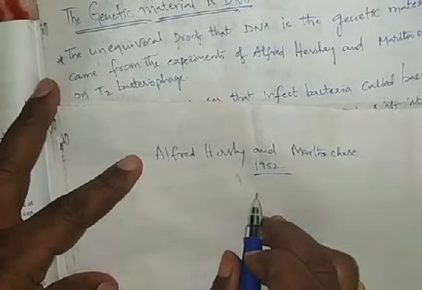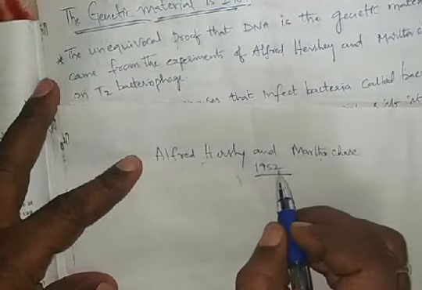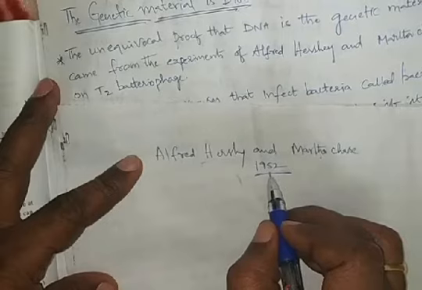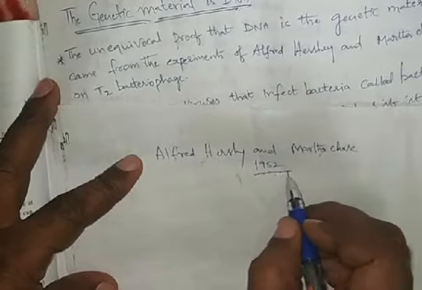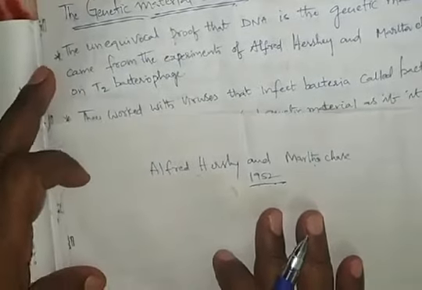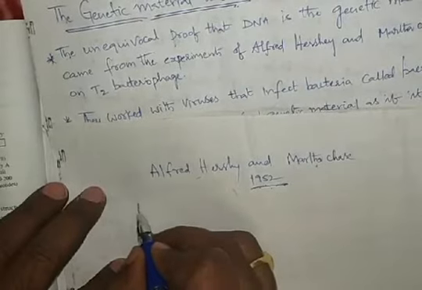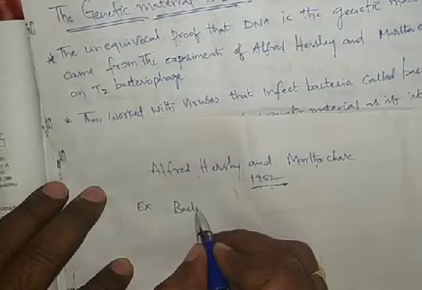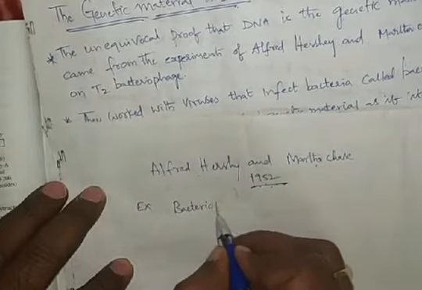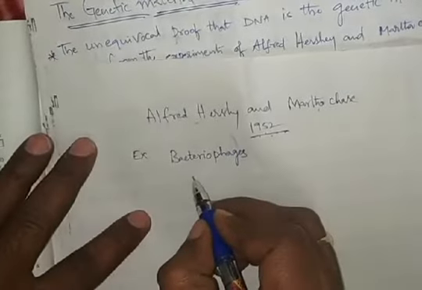It is practically proved by Alfred Hershey and Martha Chase in 1952 that the genetic material is DNA. For that purpose, they took the experimental material bacteriophages. They took the bacteriophages.